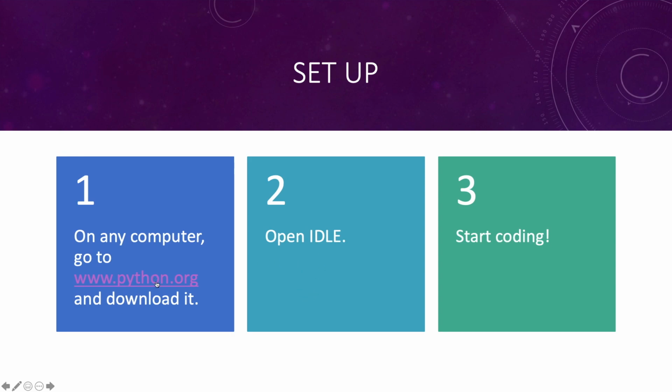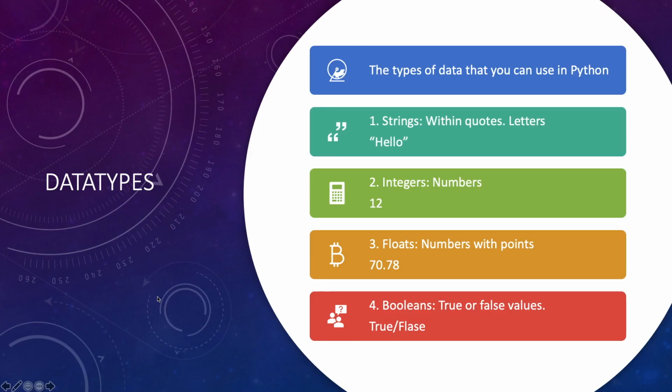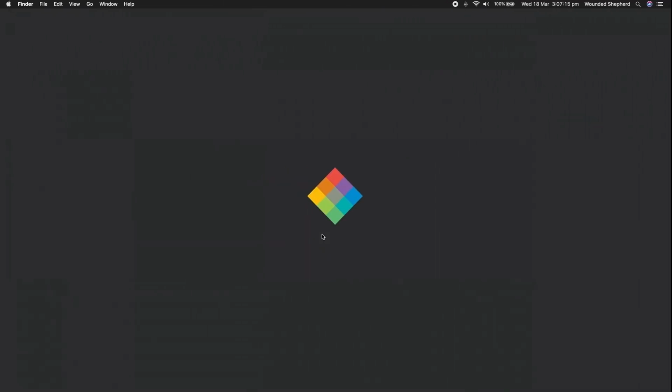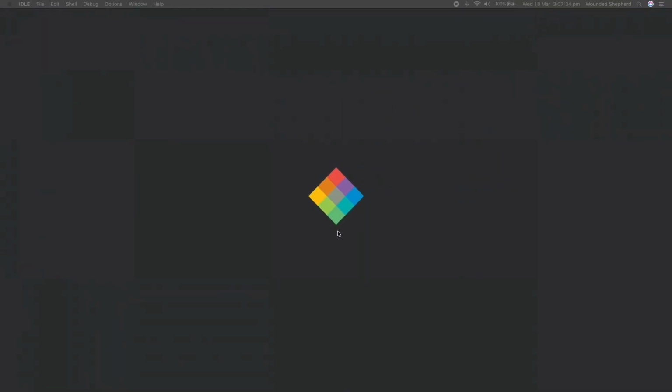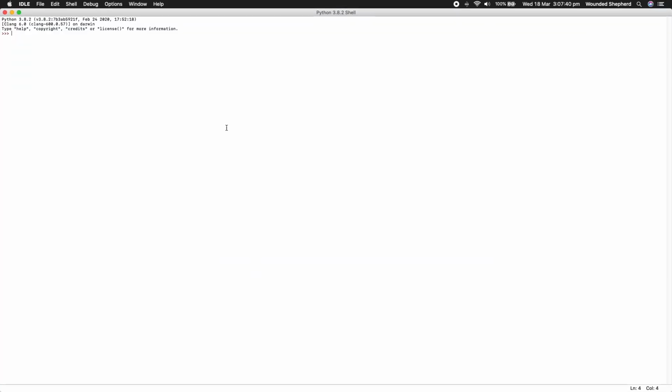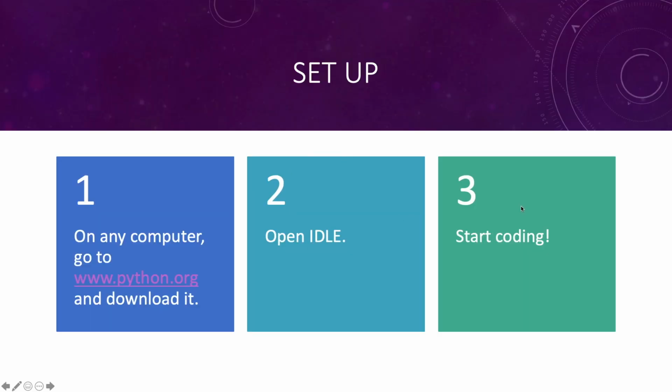Once you have downloaded Python, open IDLE. IDLE is the default editor for Python. It comes built in. So launch IDLE, and it should show you this window. So last thing, start coding.